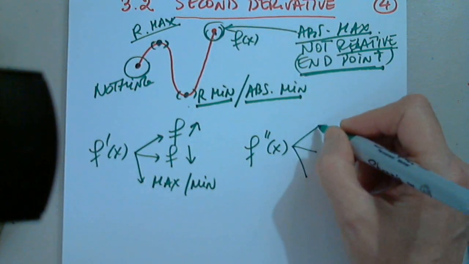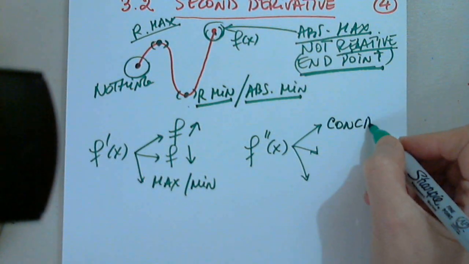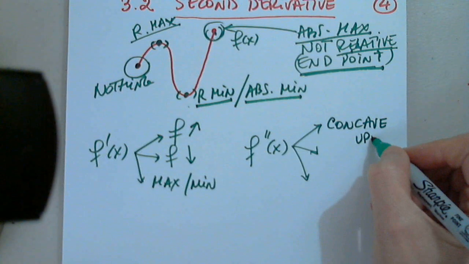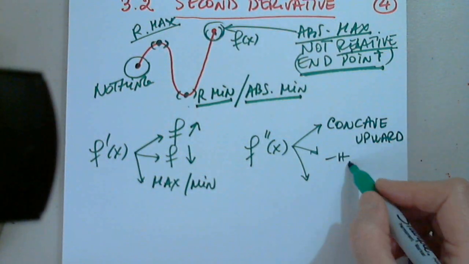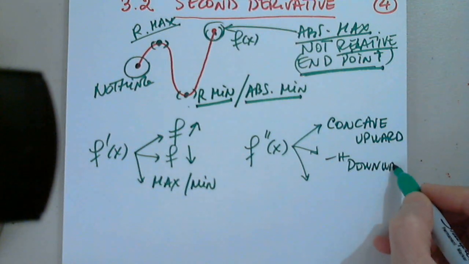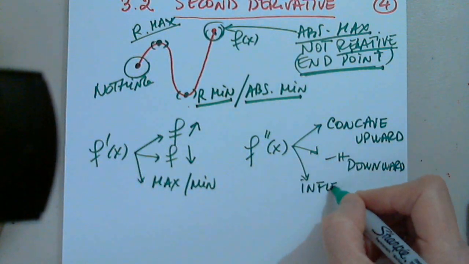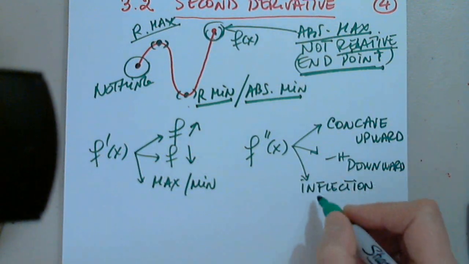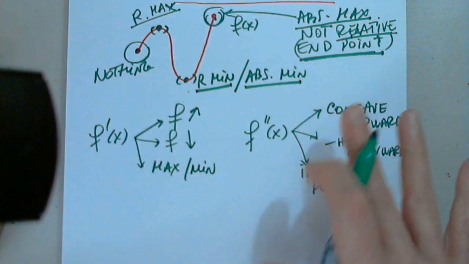Three different things. Concave upward, concave downward, and inflection points or point.